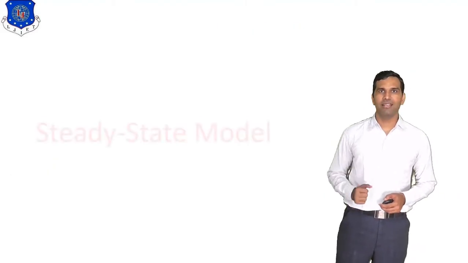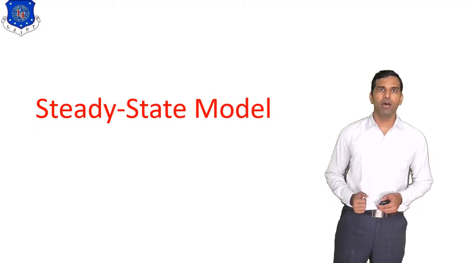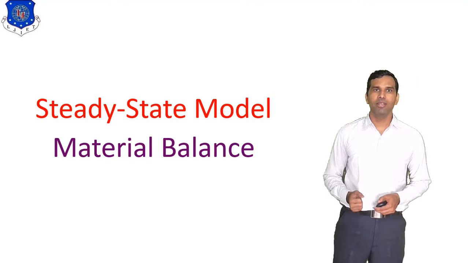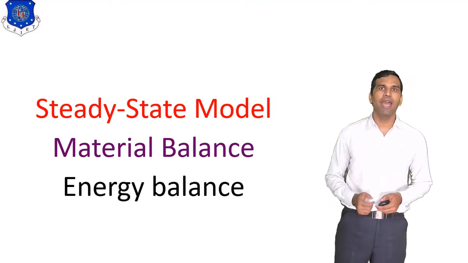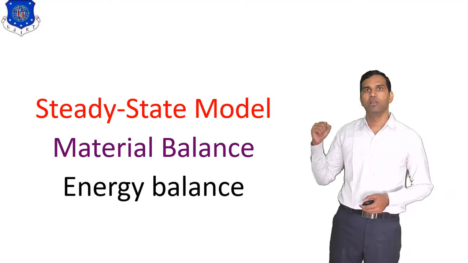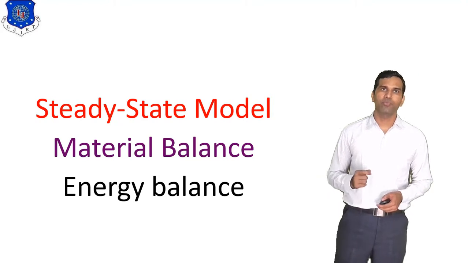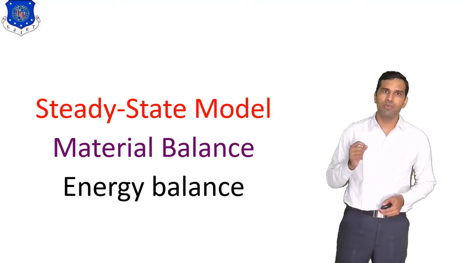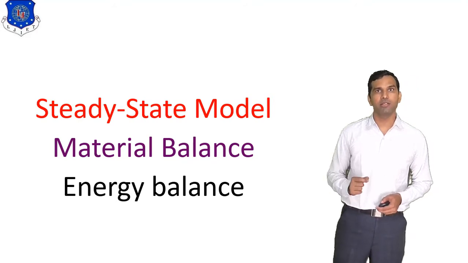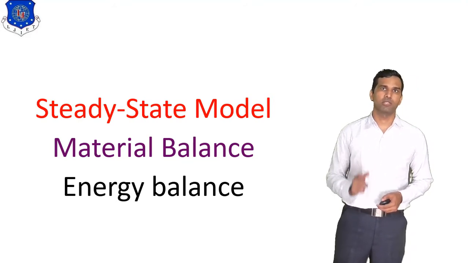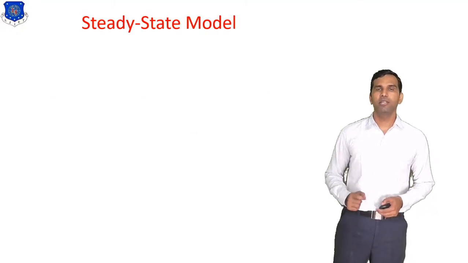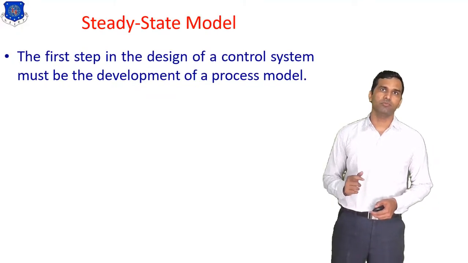Now, in this lecture, we discuss the steady state model, and in that we discuss the material balance and energy balance, that means the mass balance and energy balance of the distillation process. So now we start the steady state model.